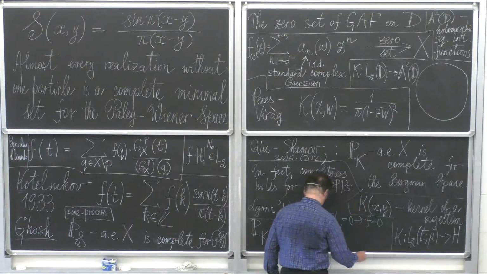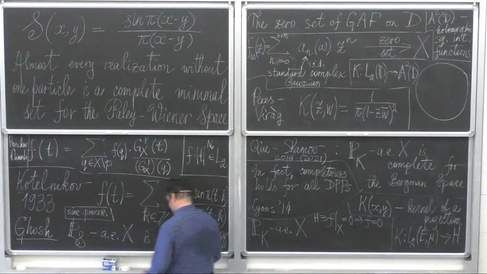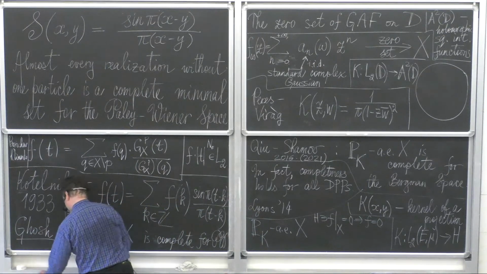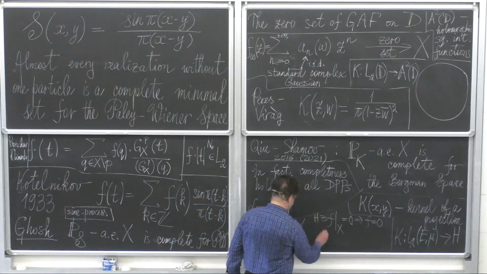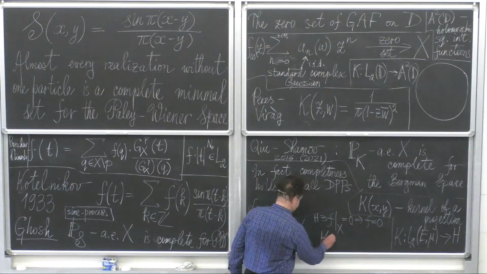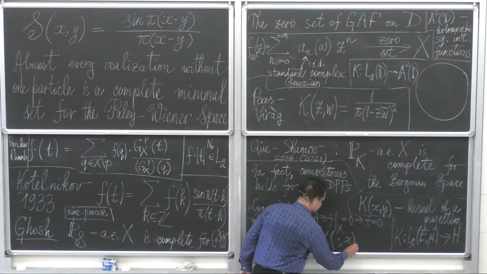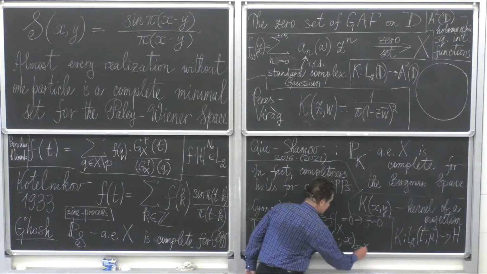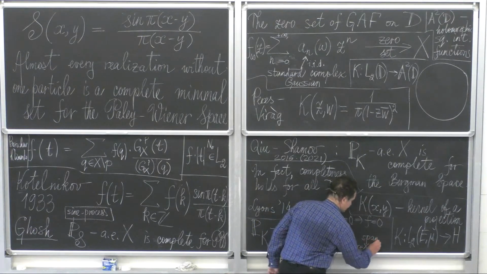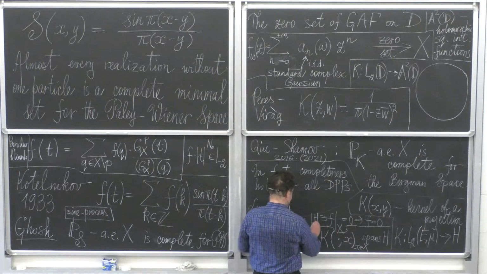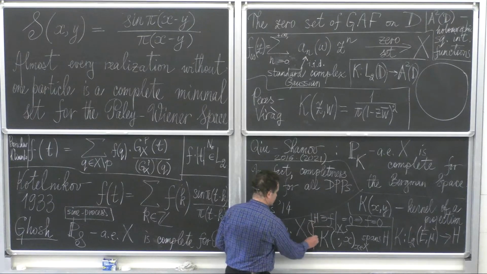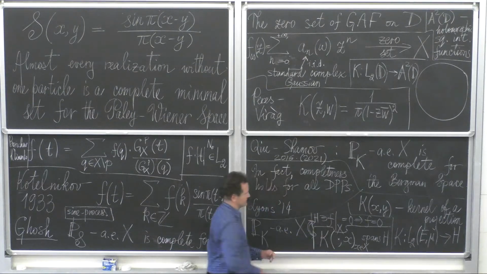Or, you must excuse me, some of this chalk writes really well and some other really doesn't. Sorry, I try to find good chalk. So yes, or equivalently K(x,·), x in X, spans H. So these are equivalent reformulations of the same thing.